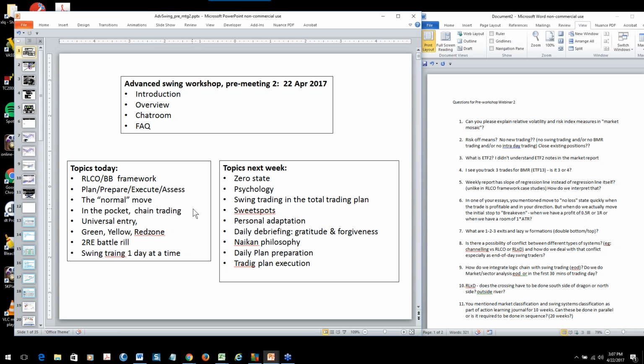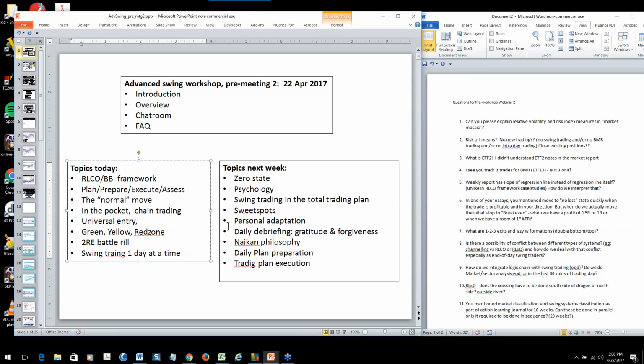These are two concepts that have emerged from our chat room trading practice on both intraday and swing trading, and it turned out to be very useful concepts for trading the patterns both intraday and swing.